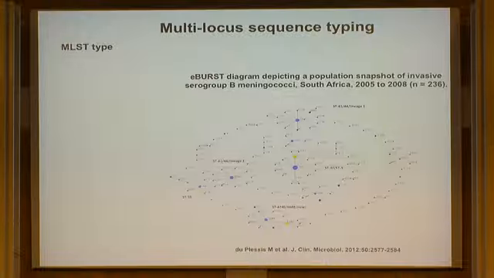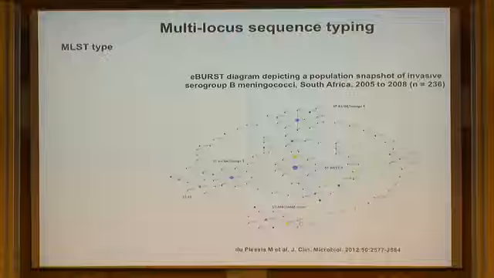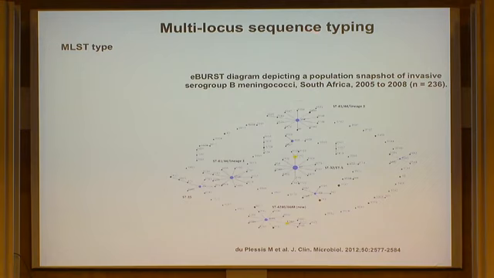So, as you know, the other very common way to type meningococcus, well, any bacterial pathogen species, which was also developed by Martin Maiden and colleagues, is this multi-locus sequence typing technique, which, oops, sorry, this is supposed to show a picture of the housekeeping genes.